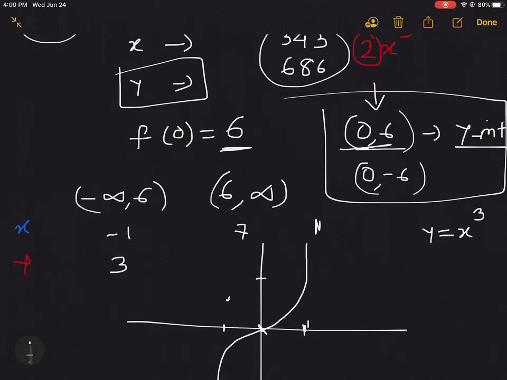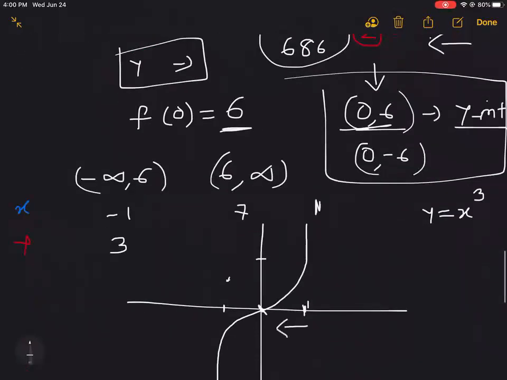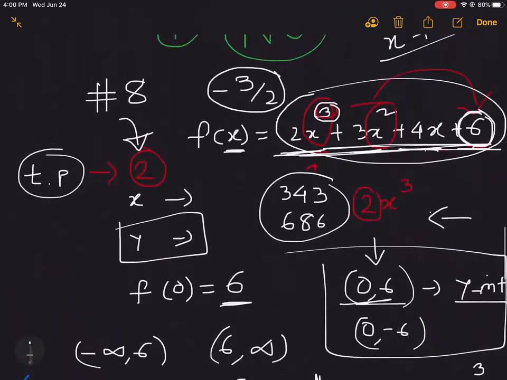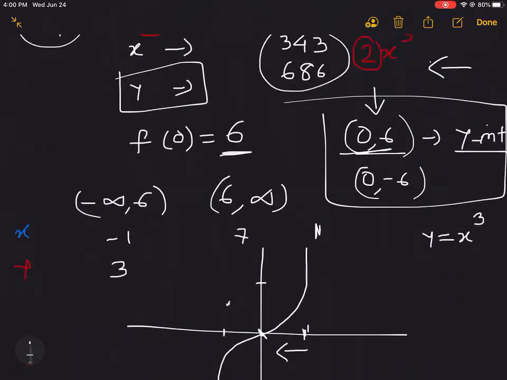And as you are going to your left from here, as you can see, the value is slowly decreasing, right? Because all of these are positive, so you will have a value which is going downwards. And for -1 we have this.